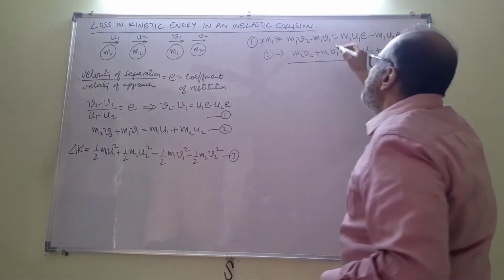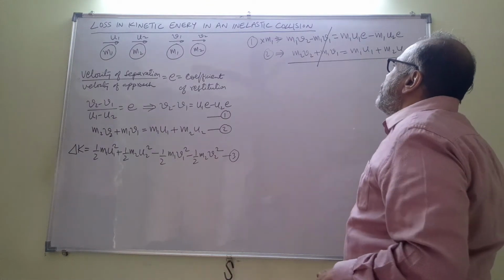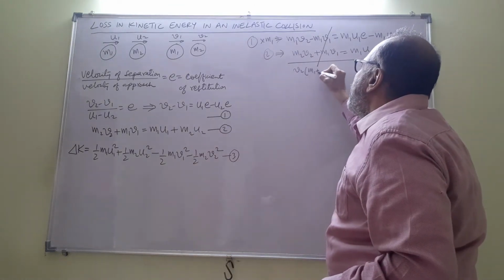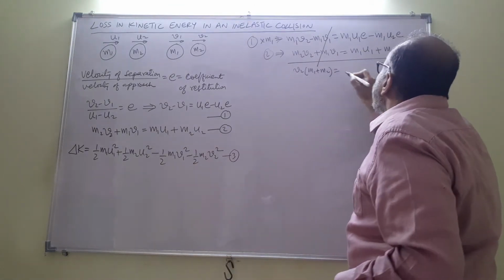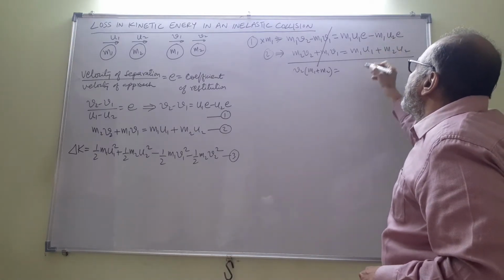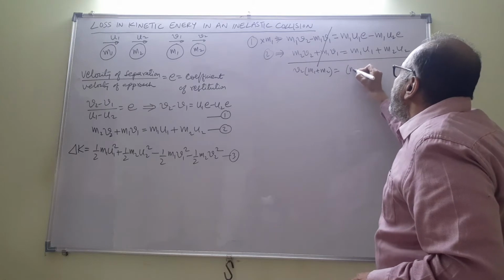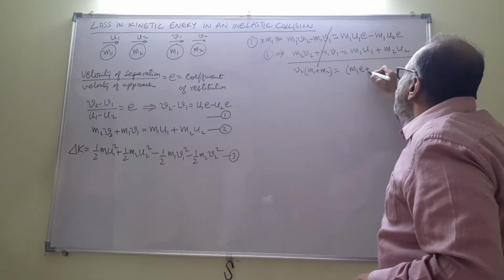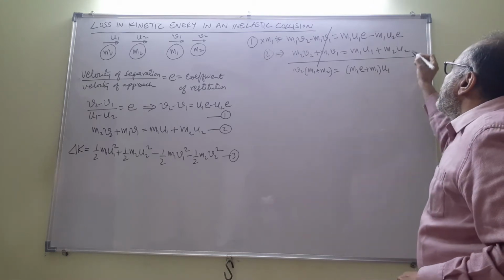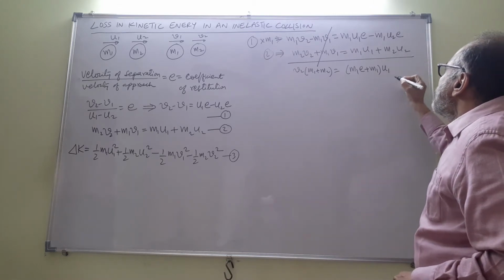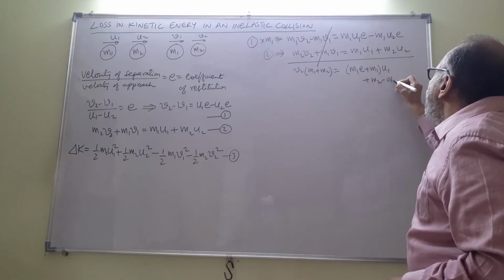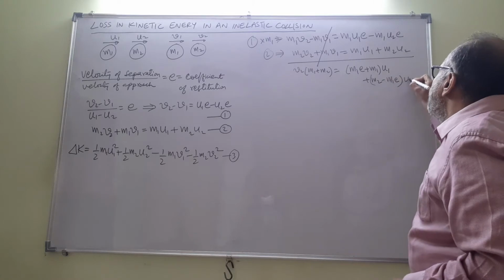That is the second equation. We'll add these two. M1 V1 will cancel. Here you will have V2 into M1 plus M2. Here we shall group the U1 terms. So you will get M1 e plus M1 into U1, and here you will have M2 minus M1 e into U2.